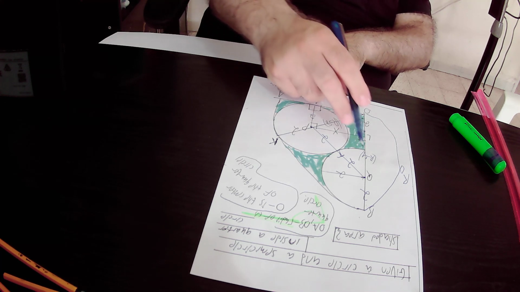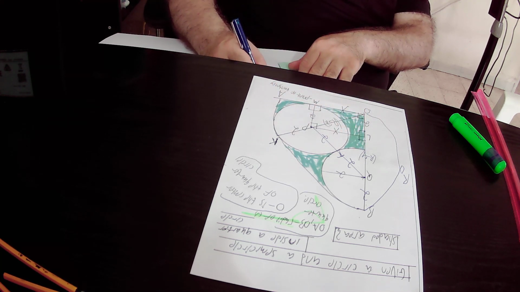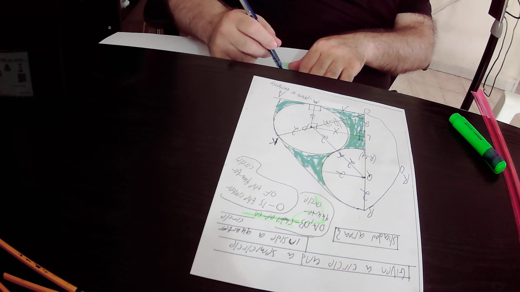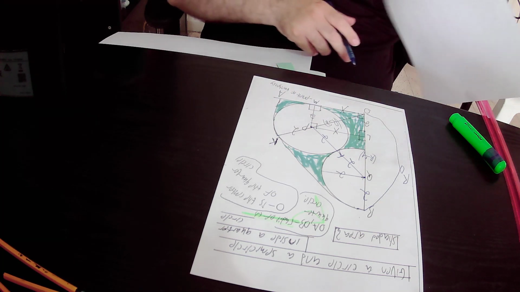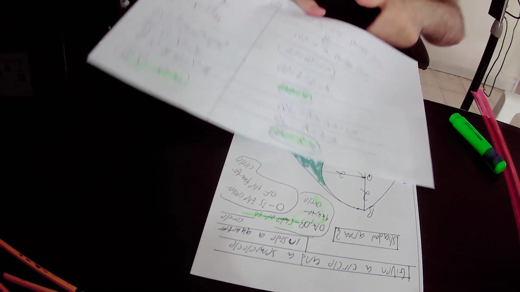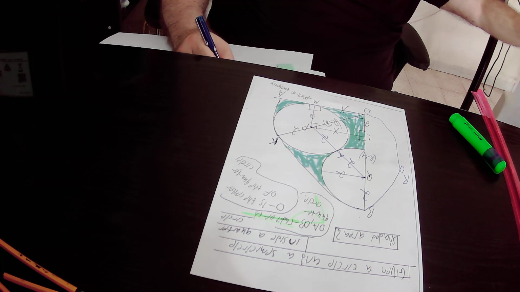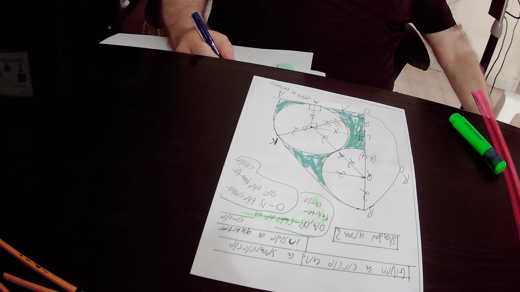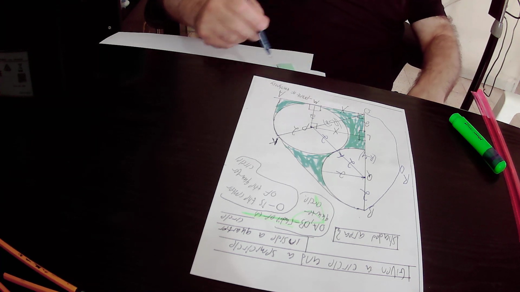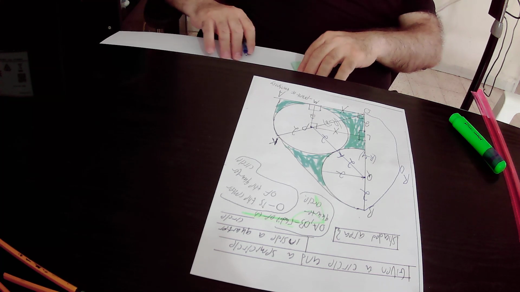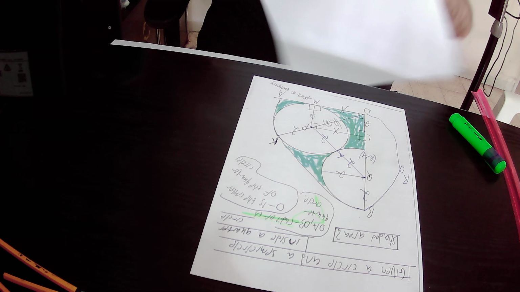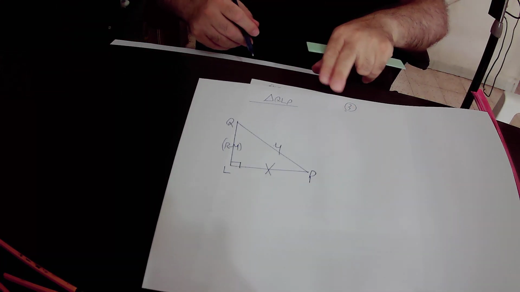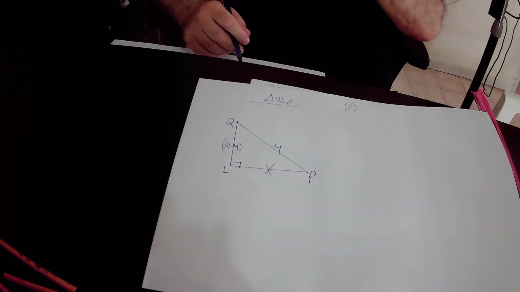We just found out that QL equals capital R minus 4, and we have already found out that the hypotenuse QP equals 4 units, and LP equals X. So this is the right triangle QLP that I copied from the original drawing.